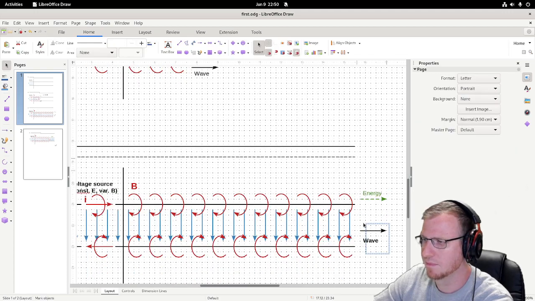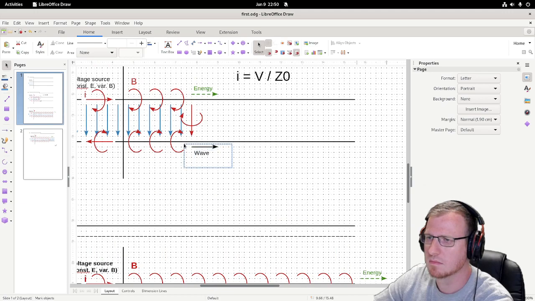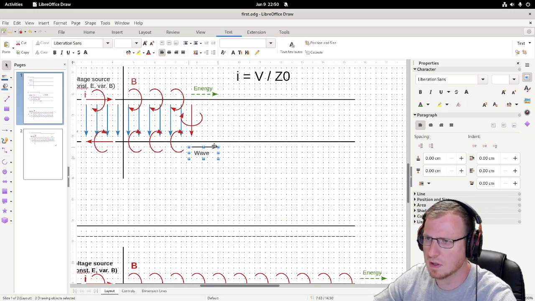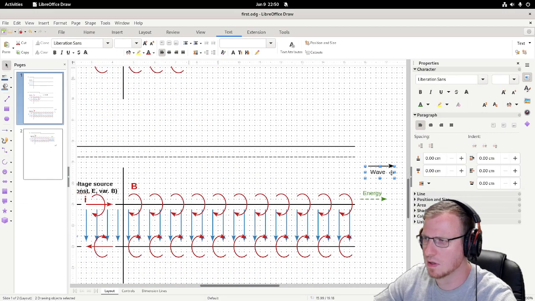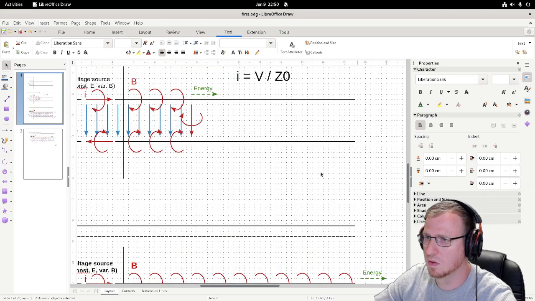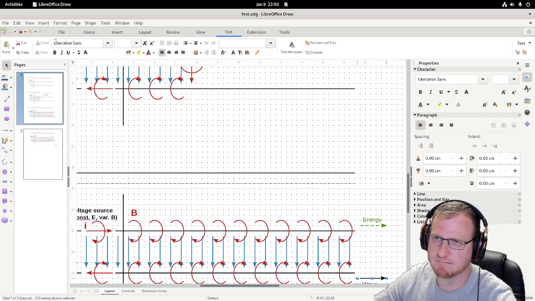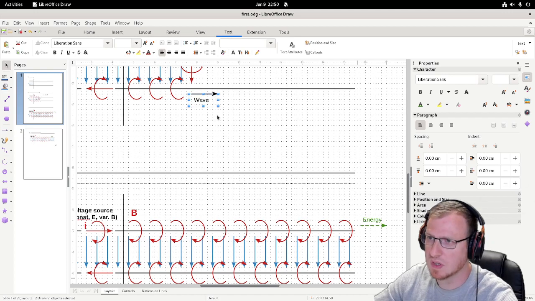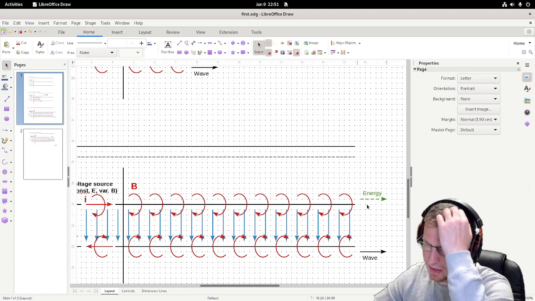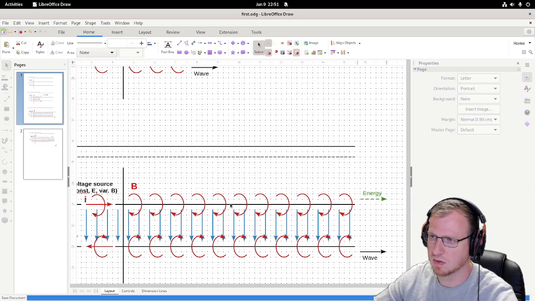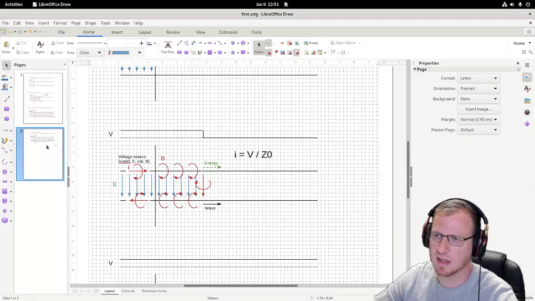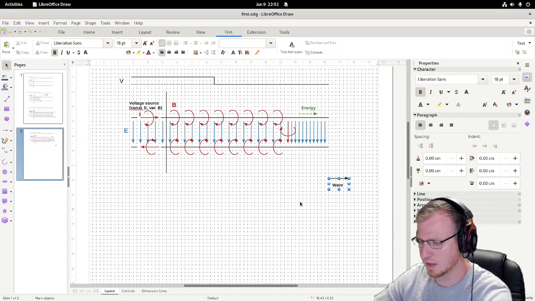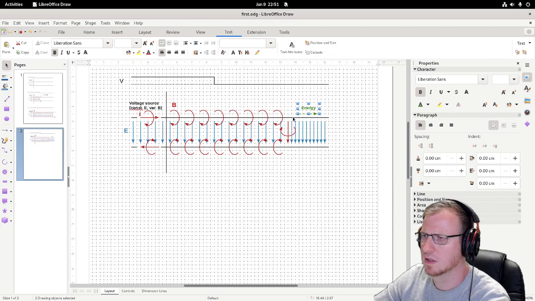So okay, I try to copy and paste, come on. So, energy flowing is to the right and wave is also going to the right at first. But then this thing is changing.